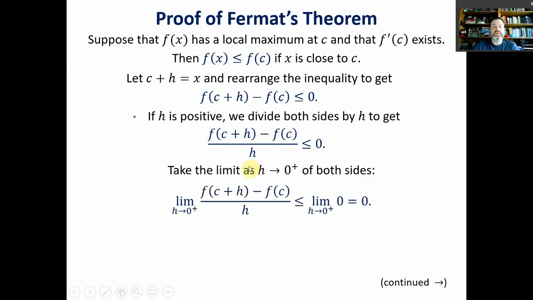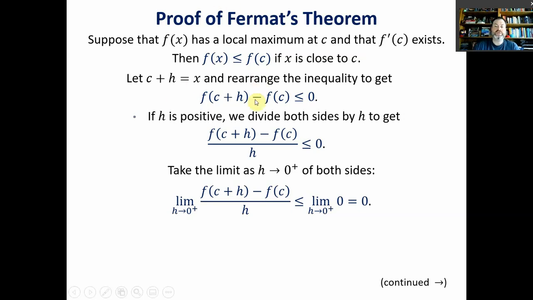Now we're going to tack on a limit, but we're going to take the limit from the right. So, to visualize what's going on here, we have a local maximum. At that highest point, we're moving to the right a little bit, and we're looking at, as h gets smaller and x gets closer to c, what happens to the derivative.